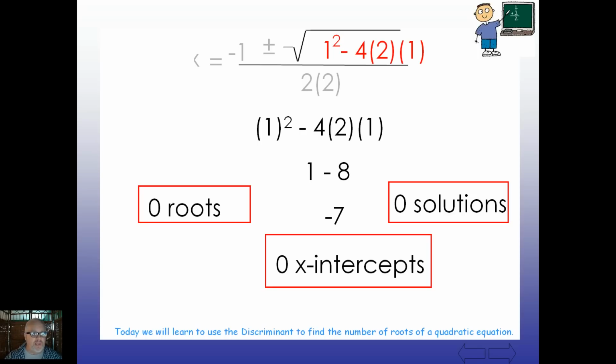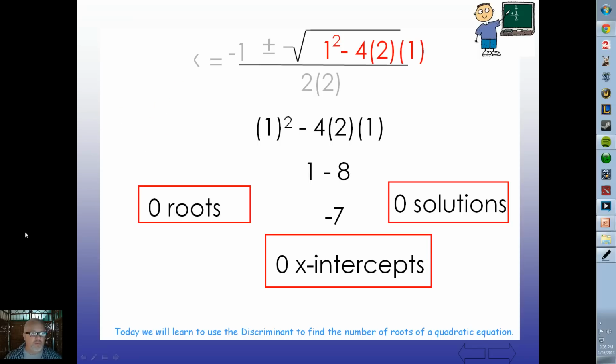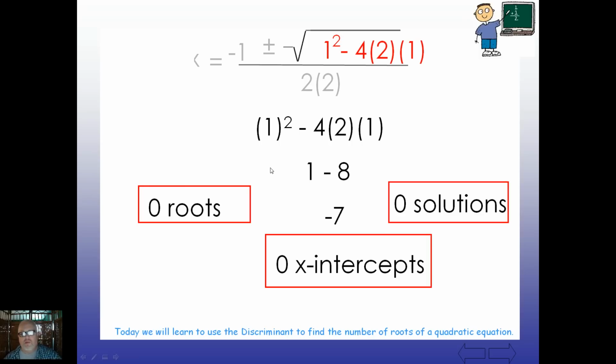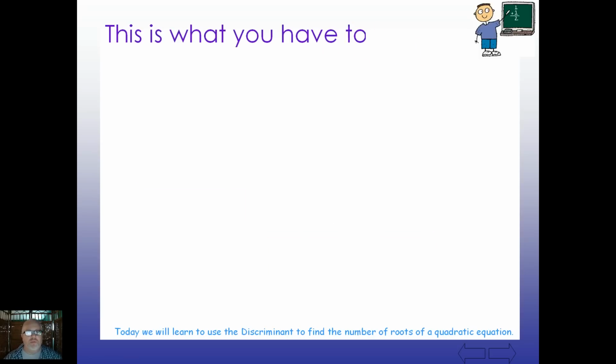And what this means, in picture form, is if we had an xy plane and we drew a function, then this particular one might look something like this. You'll notice that the function here does not touch the x-axis at all. So there's no roots in this particular equation.